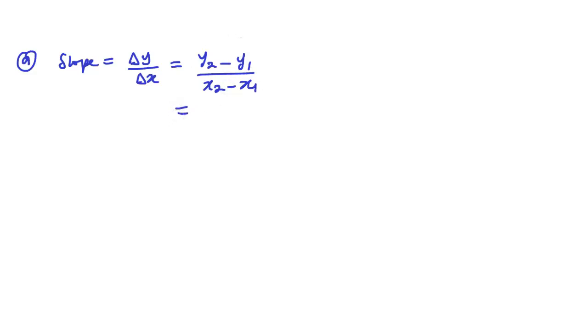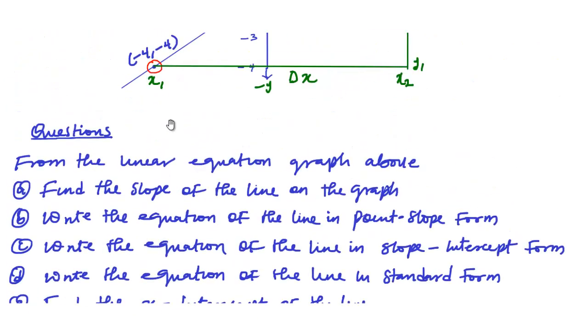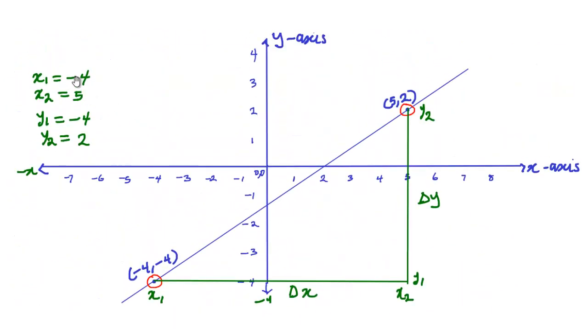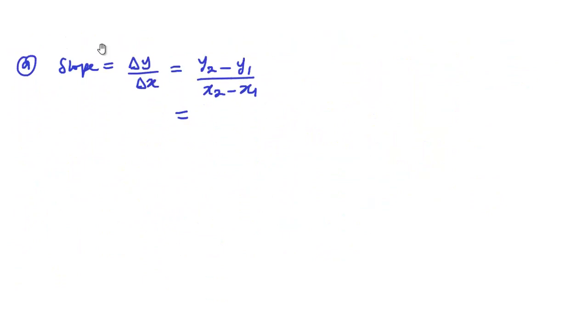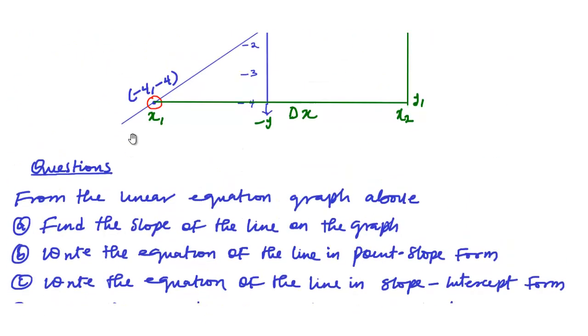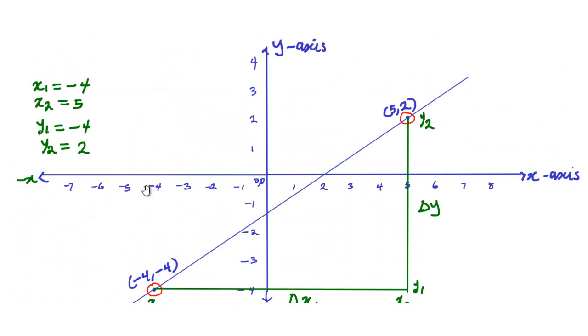So what is our y2? y2 is 2 and y1 is minus 4. So that will be 2 minus minus 4. Then over x2, which is 5, and x1 is minus 4.